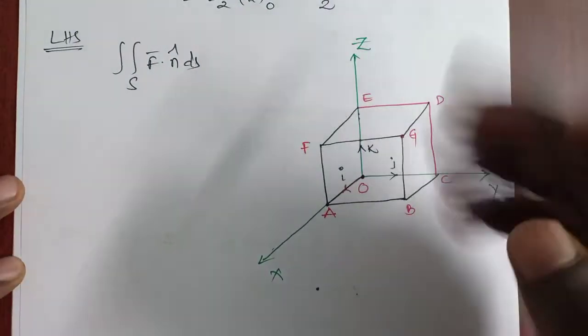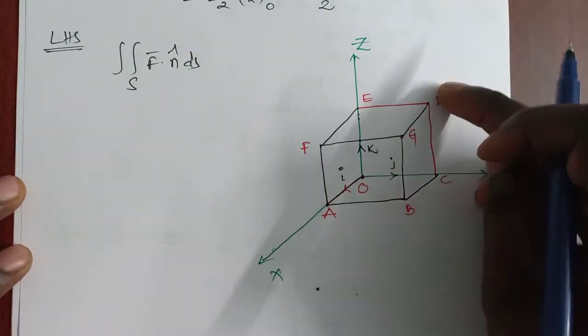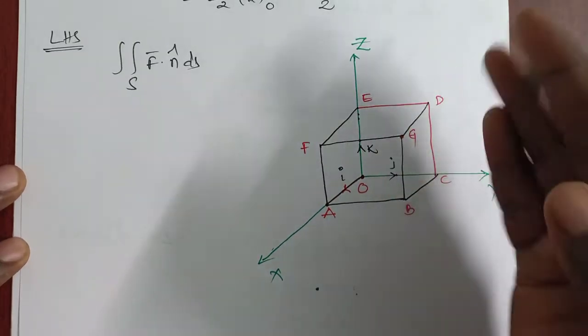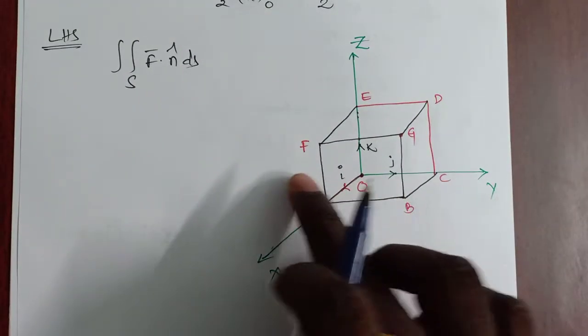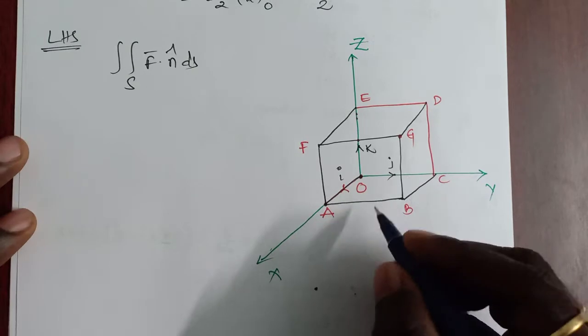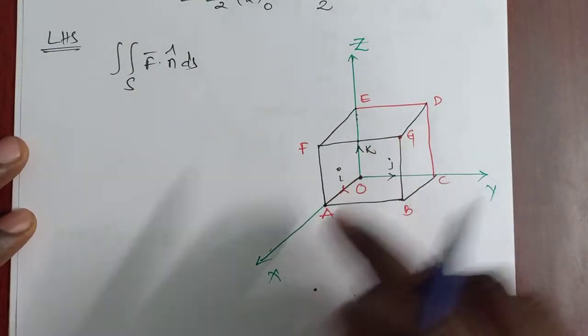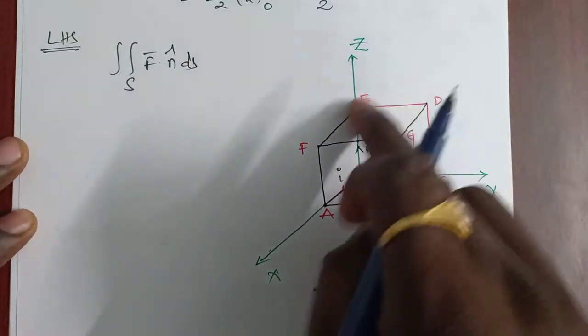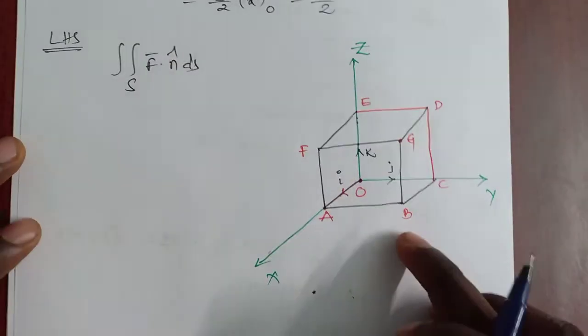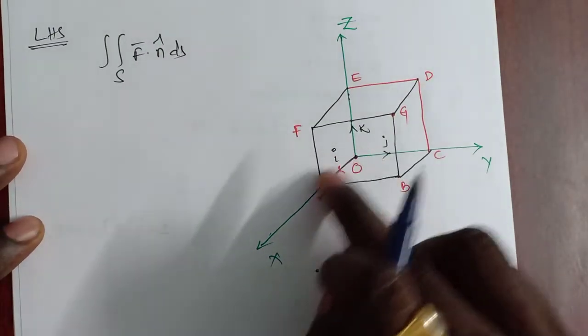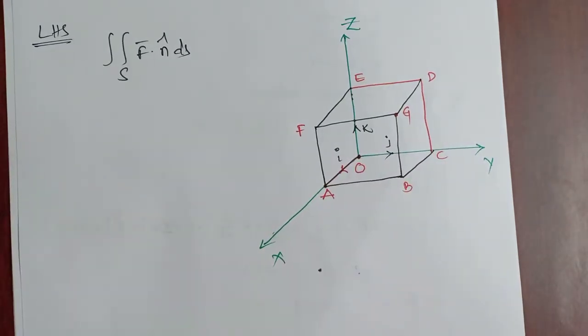Now coming to the right face, CBGD, is the right face. Now left and right are over. Now coming to up and down. The upper face is EFGD, and the lower surface is OABC. So these are the 6 faces we have.